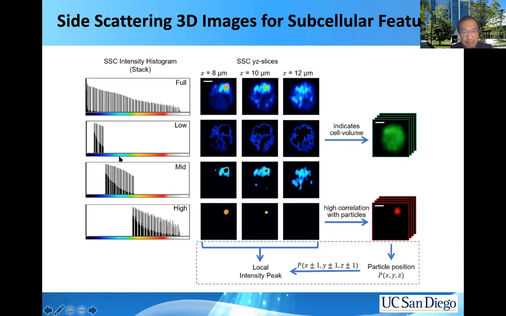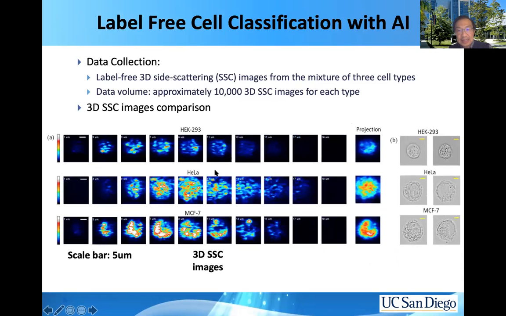If we pick the middle range, we find some high scattering areas for different cells. And of course, we can pick the highest intensity area and you will find the focal point of the scattering from each cell.